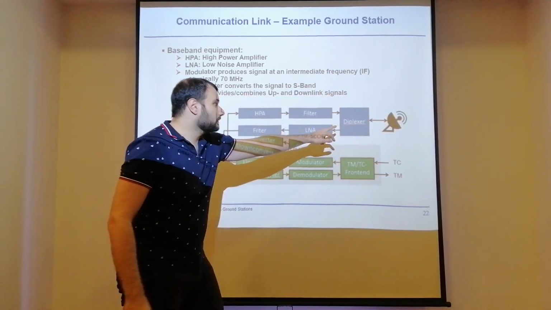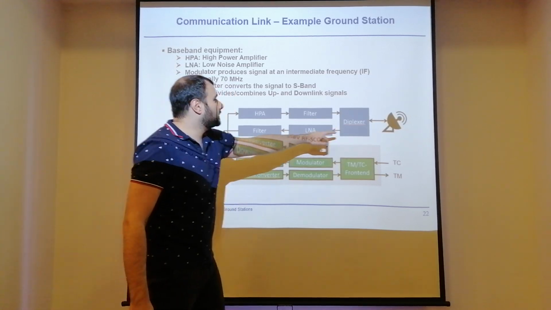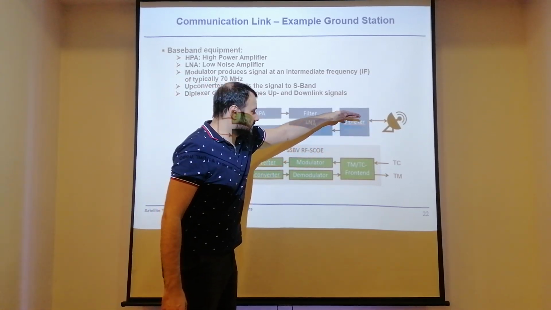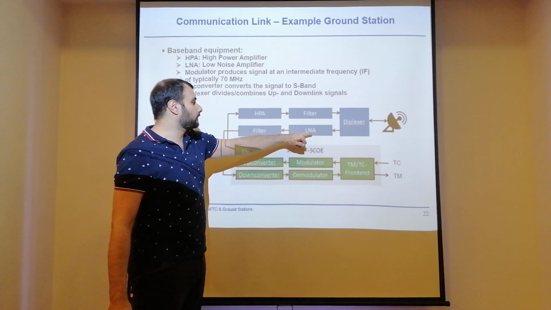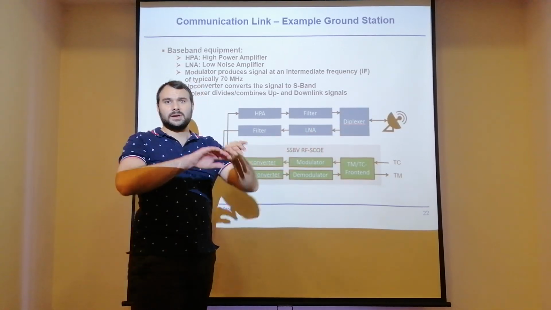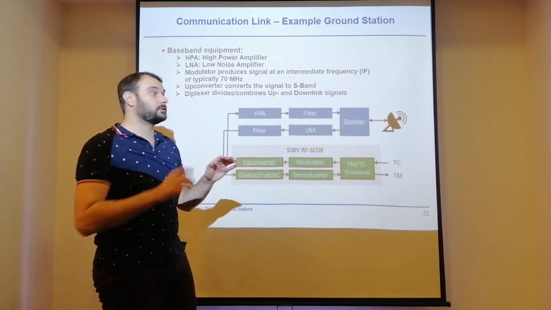Incoming signals will basically follow this path backwards, but the diplexer has the task to split it. This is basically just a filter, a bandpass filter depending on the frequency.